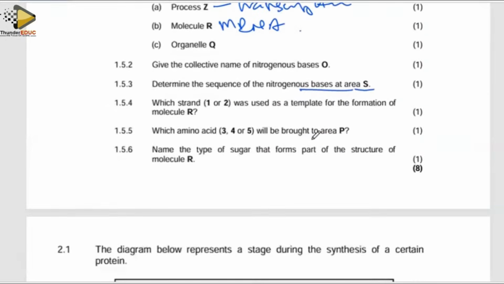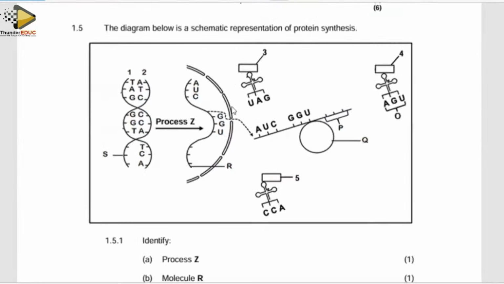Then they're saying which strand was used as a template. If you look, you have strand 1 and strand 2. So we see what is formed here, that's strand 1, and then this is strand 2.